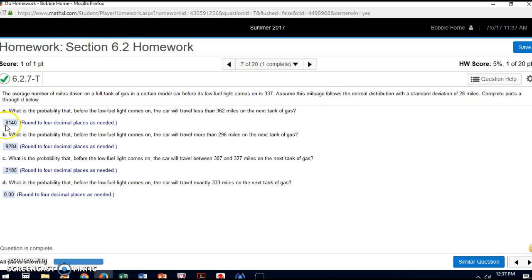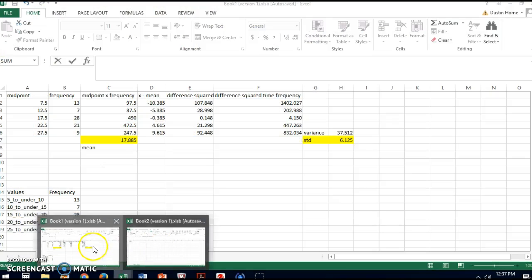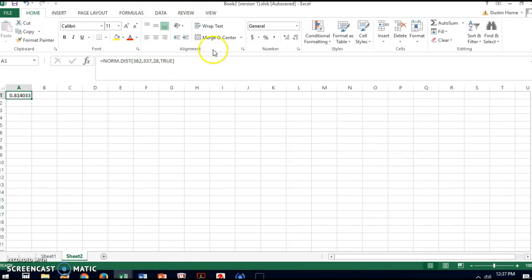That would be the actual number that you're giving. Think about the empirical rule, it will help you. And just make sure that in your spreadsheet it needs to be to 4 decimal places.